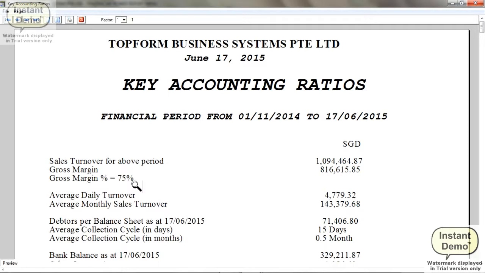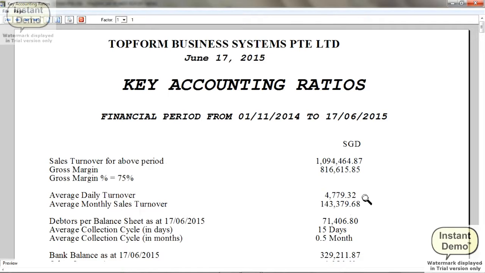Now, would you agree this is very useful information? Then it goes on to tell you about your sales turnover at daily and monthly intervals. You can see on average you are doing $143,000 monthly and $4,779 daily. This is really useful information that will allow you to make informed decisions.